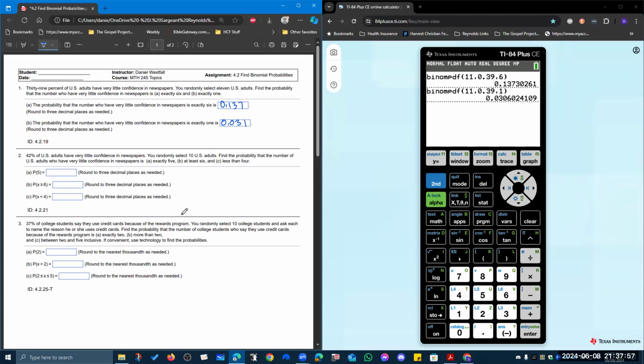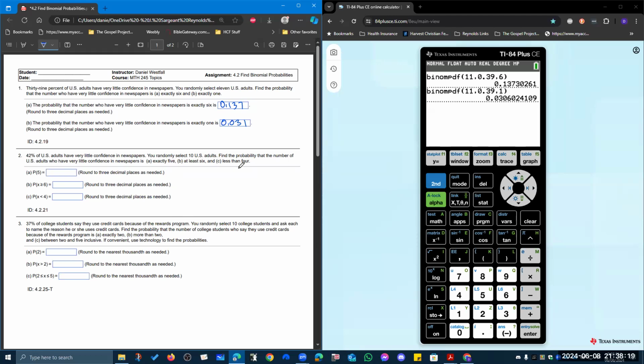Now, 42% of US adults have very little confidence in newspapers. You randomly select 10 US adults, find the probability that the number of US adults who have very little confidence is exactly 5, and then at least 6, and then less than 4. Okay, so we're going to be doing some PDF for the first one.